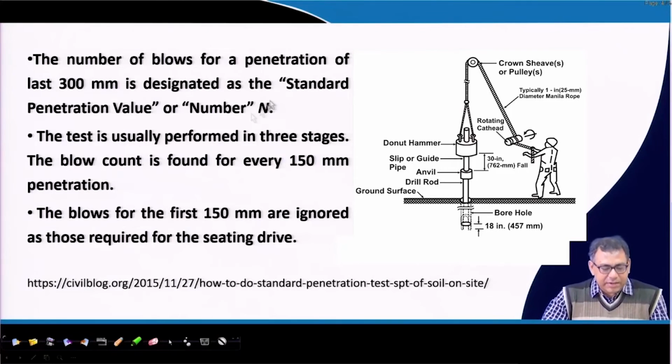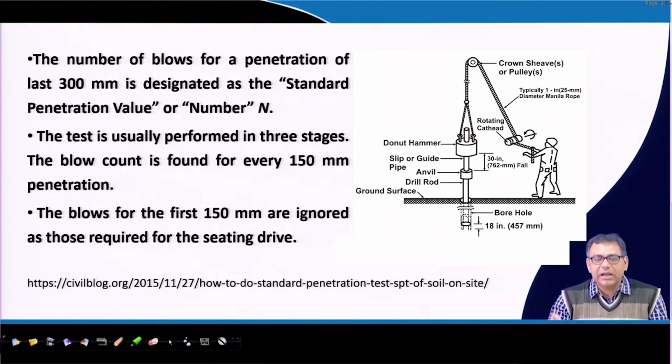As I mentioned, we are measuring the number of blows required for each 150 millimeter penetration. The summation of the last 300 millimeter penetration N value is the SPT value.